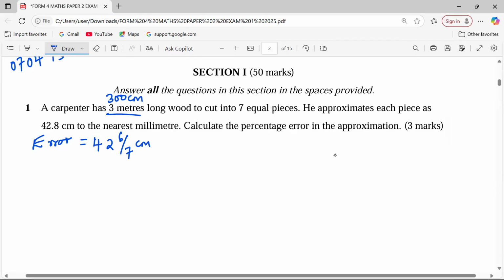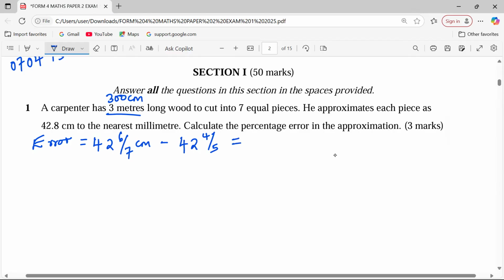this one. So when we subtract the estimated, which is 42.8, this one can also be written as 42 and 4/5. That way, we will get the error itself.